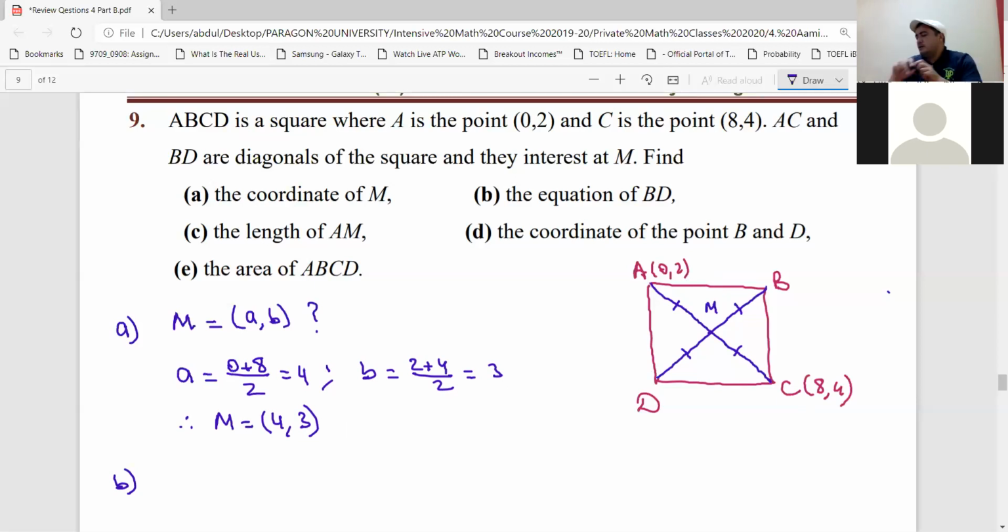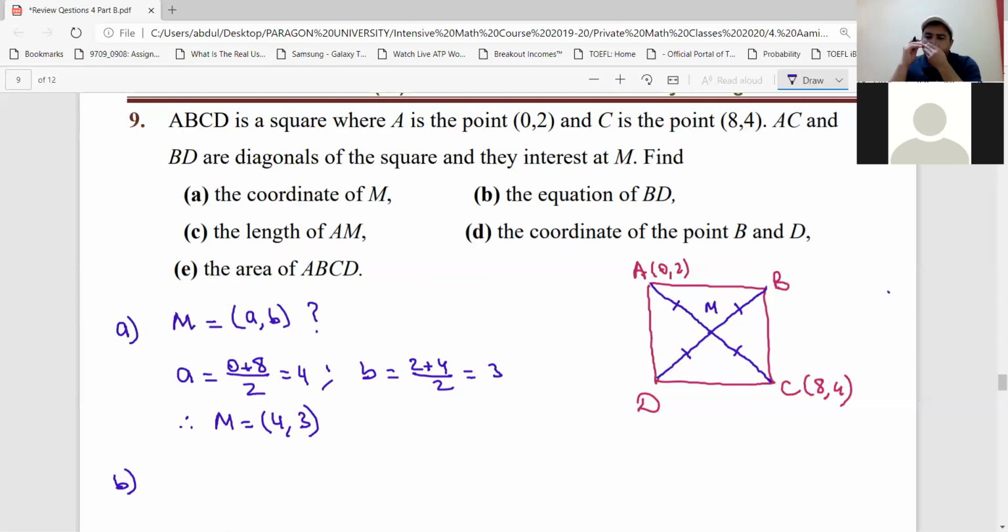How about question B? Amira, read the question. What is it? The equation of BD. Okay, equation of BD. What do you think? How can you write the equation of BD? Do we need to work out the gradient of AC and then find out the perpendicular gradient?